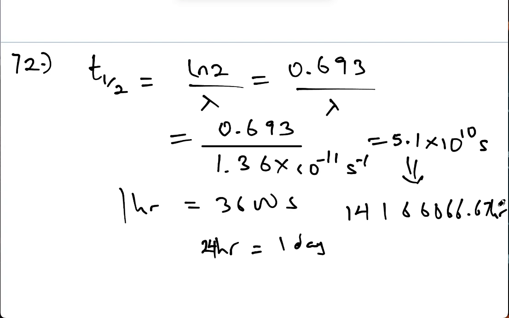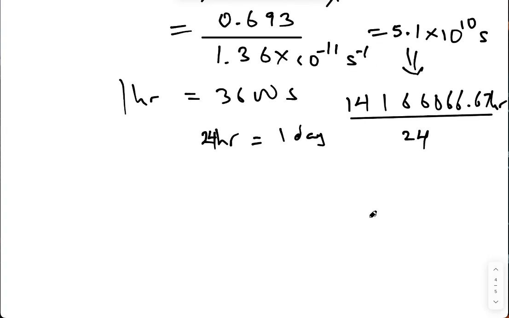We have done days now. To get the number of years, we divide further. When you divide by 24, you get a certain number of days, and we can convert those days to years by dividing by 365.